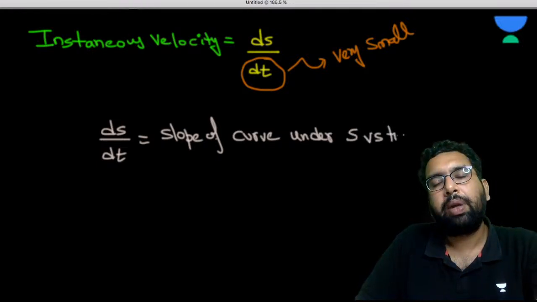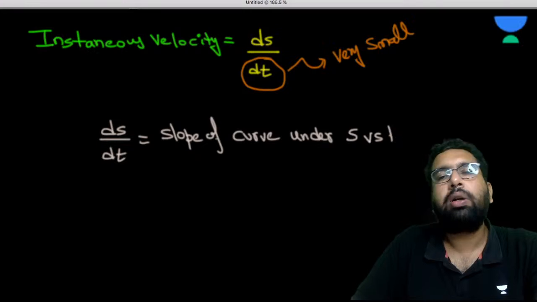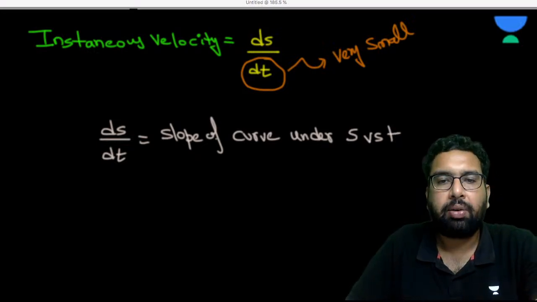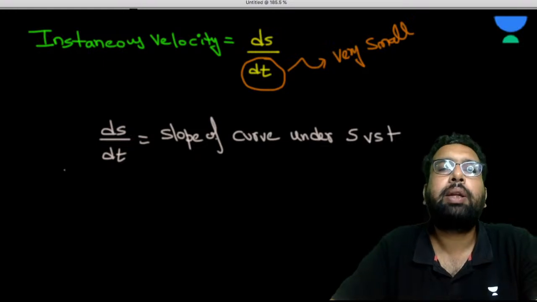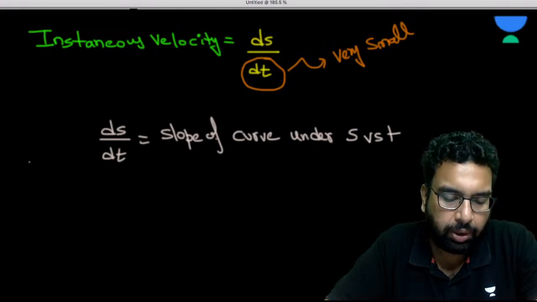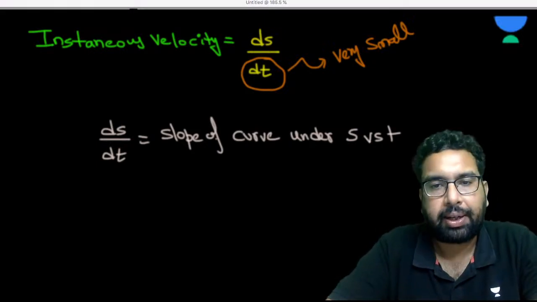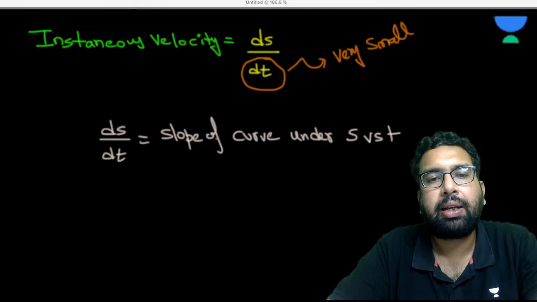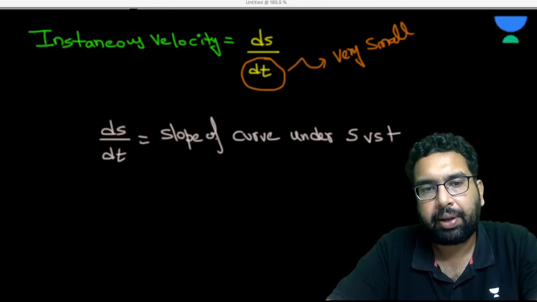If we can plot the displacement versus time curve, the slope of that curve is giving you the instantaneous velocity.